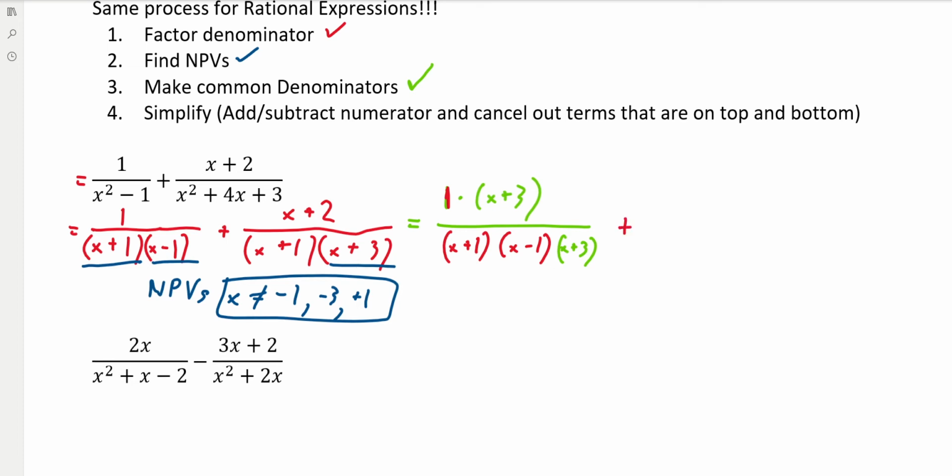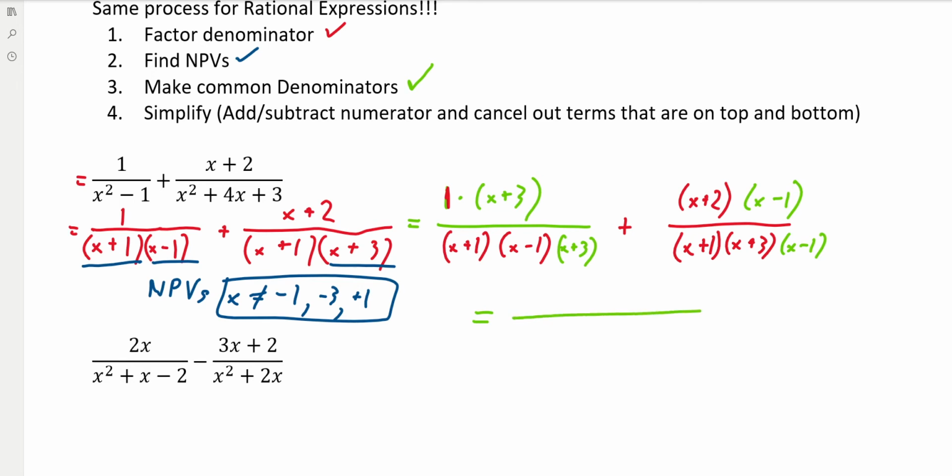And then we have plus x plus 2, and at the bottom we still have our old x plus 1, x plus 3, right? But now we're multiplying by the x minus 1 on the top and on the bottom. Okay, because now if you look at the fraction, we actually have common denominators.